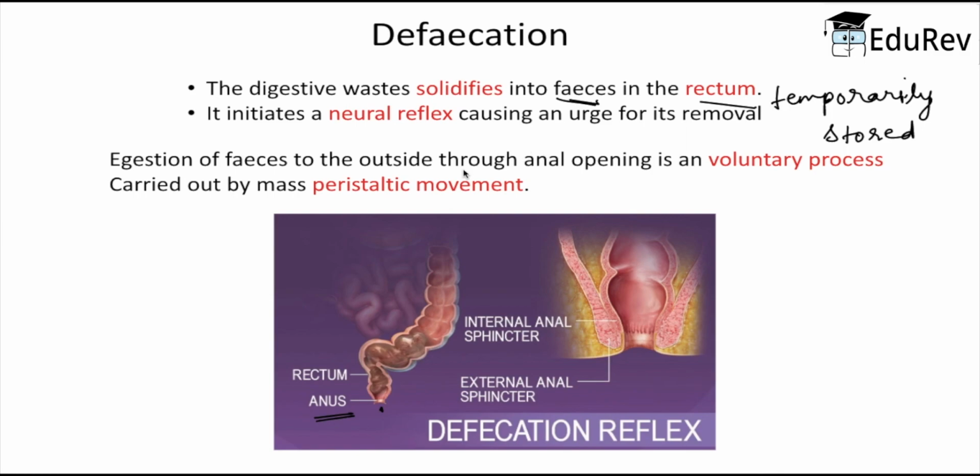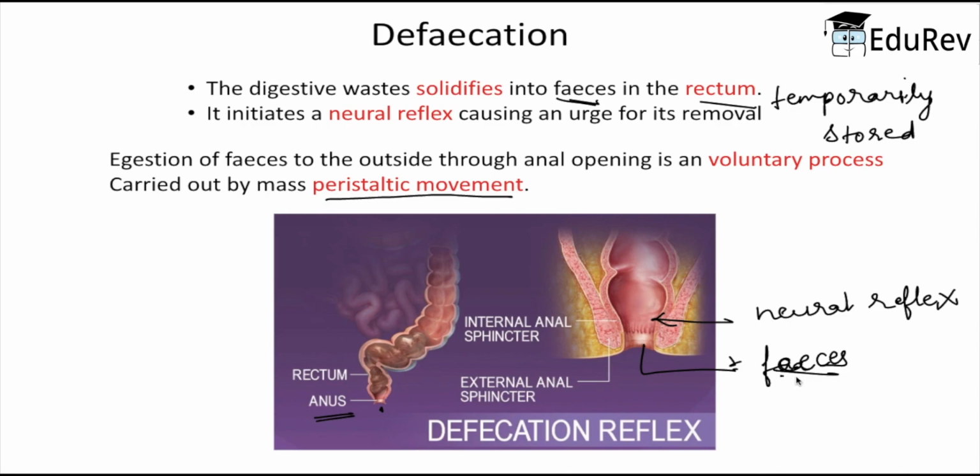And here you see the internal anal sphincter, which responds whenever there is a neural reflex for the urge of removal of the feces. After this happens, by mass peristaltic movement, the feces goes out of the body. The peristaltic movement takes place throughout the large intestine, wherever the feces is moving, till the anal part and outside the body.